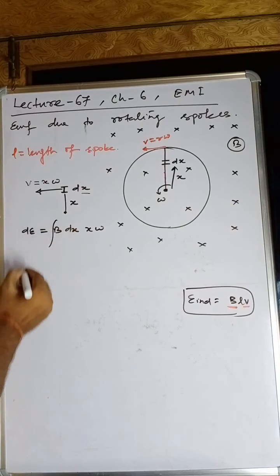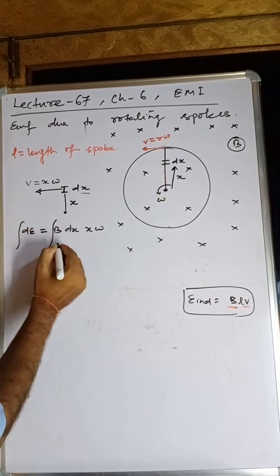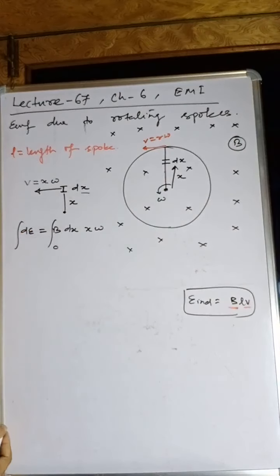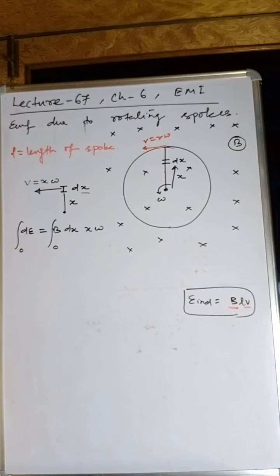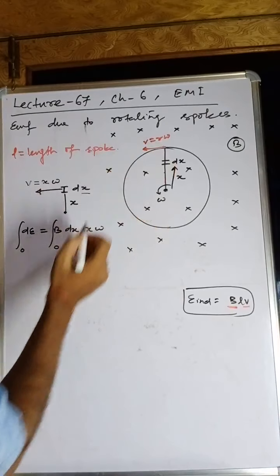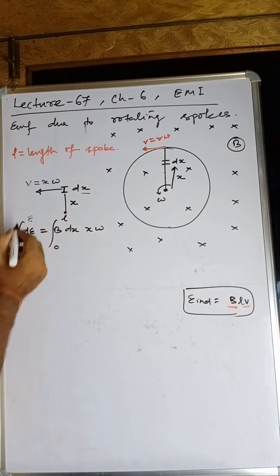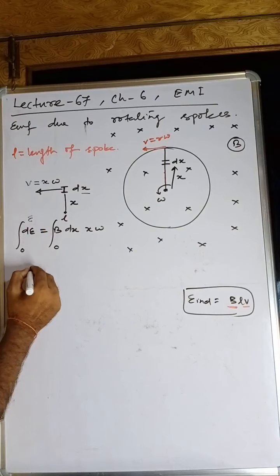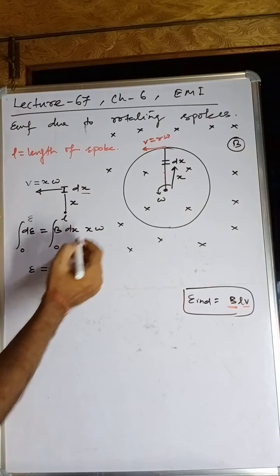By integrating you will get the total value. We know that at the point where x is 0, velocity will be 0, so the EMF induced will be 0, and at the total length L, the EMF will be maximum, it is E. Now get the integration, it is very simple. B and omega are constant.